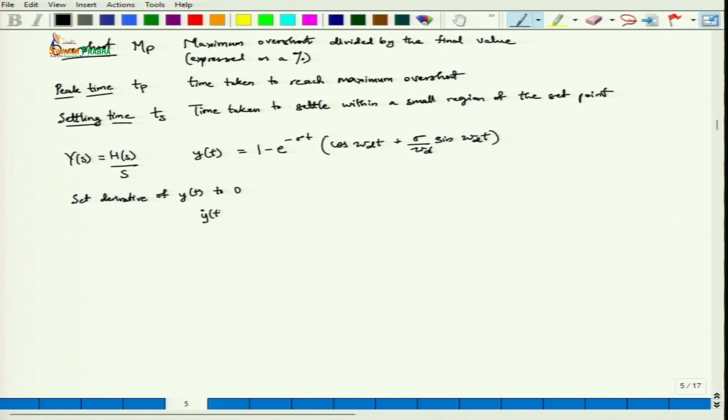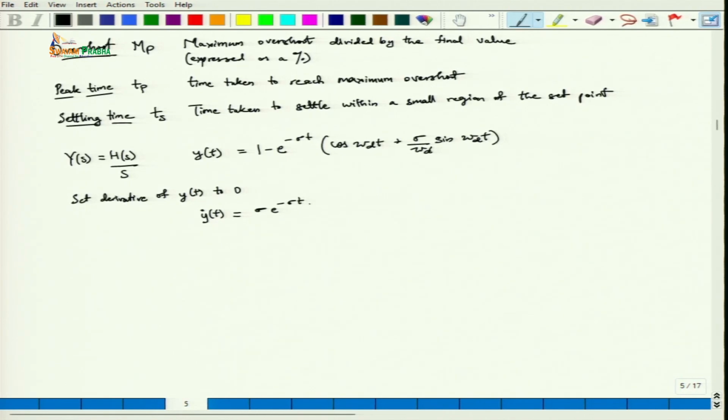So first we will compute the derivative of Yt. That will be given by this expression. The derivative of 1 is 0 basically. So we will start looking at this part.